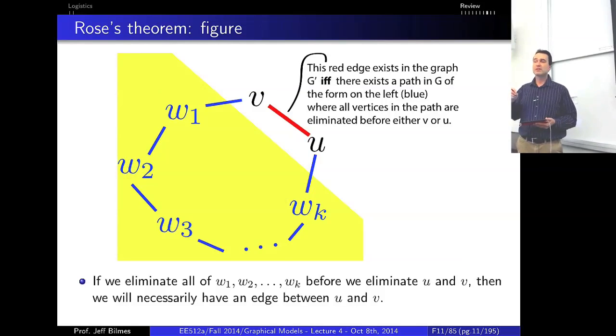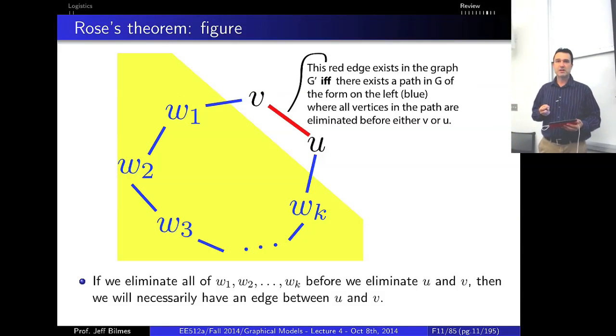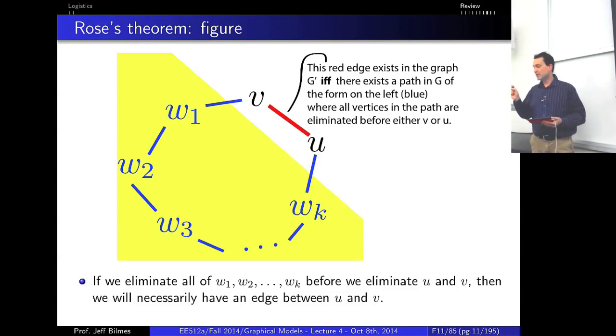G prime, remember, is the reconstituted graph. That red edge exists in G prime if and only if in G, the original graph, there exists a path between V and U consisting of vertices that have been eliminated before either V or U.